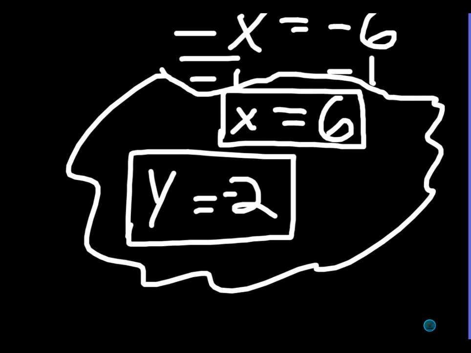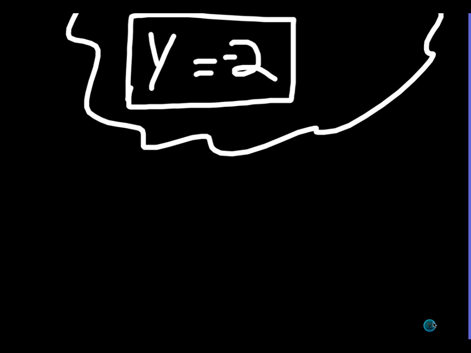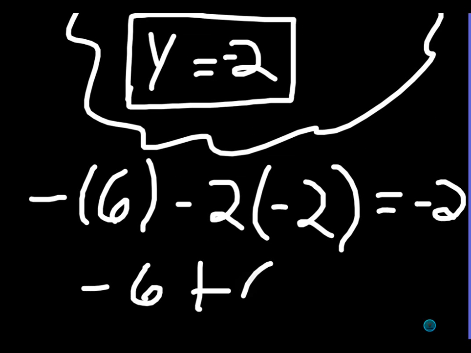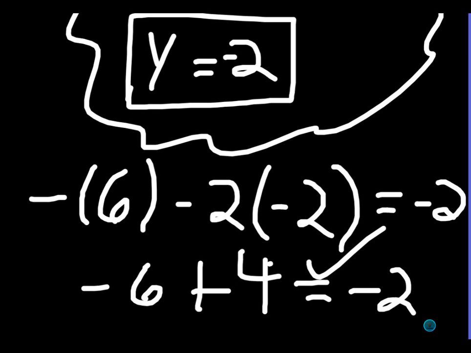I guess we can go ahead and do that real quick just to show you guys how that would work. Since we got x equals +6, we're going to plug that into the top, and we got -2 for y. We get -6 plus 4 equals -2, and that checks out.